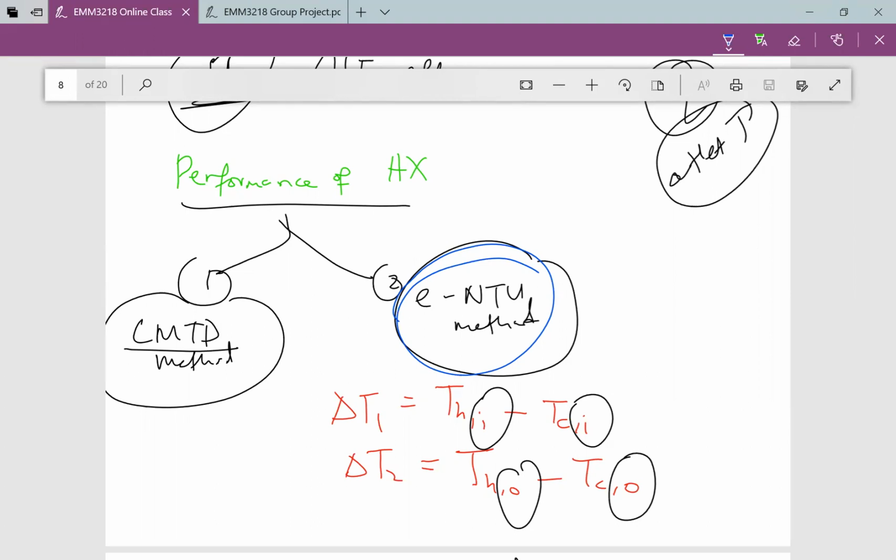I believe it will be 2 big questions, just like test 1. And it covers transient conduction, and then convection, and then external convection.